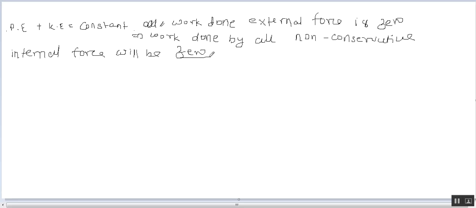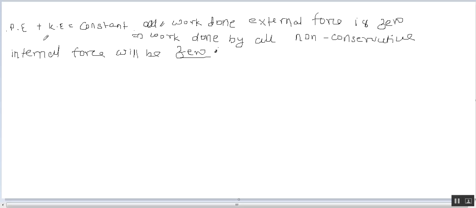So potential energy plus kinetic energy is equal to constant, and work done by all external forces is zero, and work done by all non-conservative internal forces will be zero.